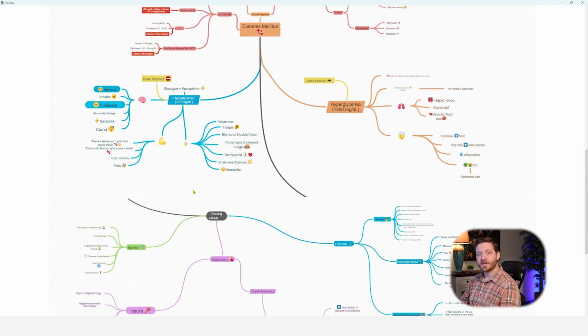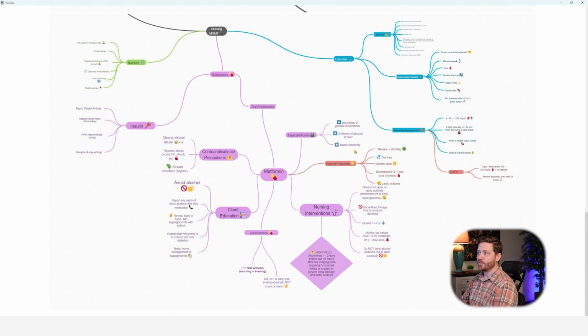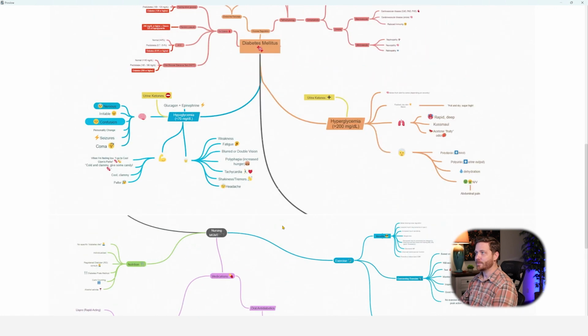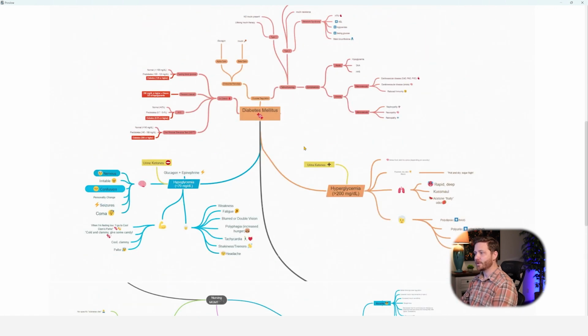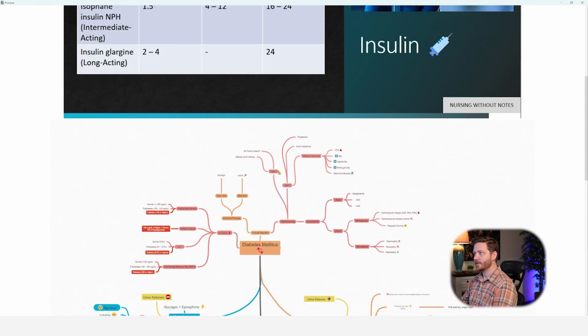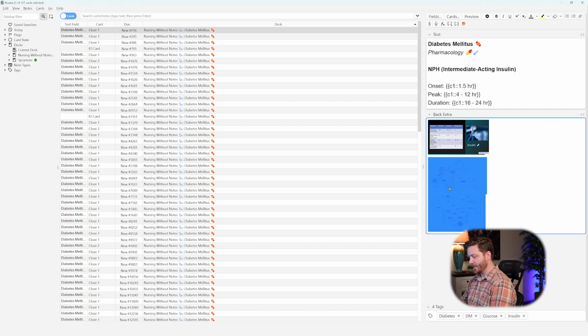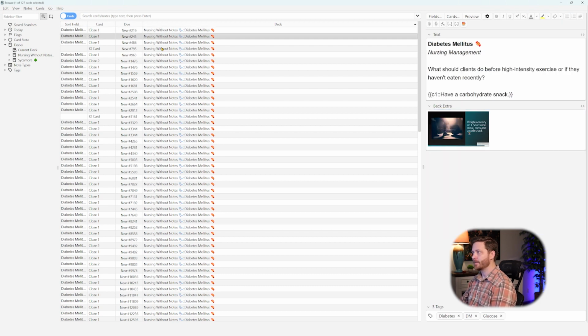Also, by using the separate colors, you'll know that this is the nursing management. Now you could just do just the nursing management here. If you want to delete this part, that's fine. I'll just add it in there just so you'll have it. So I'll go ahead and add those 2 screenshots on the bottom of the rest of our nursing management cards.